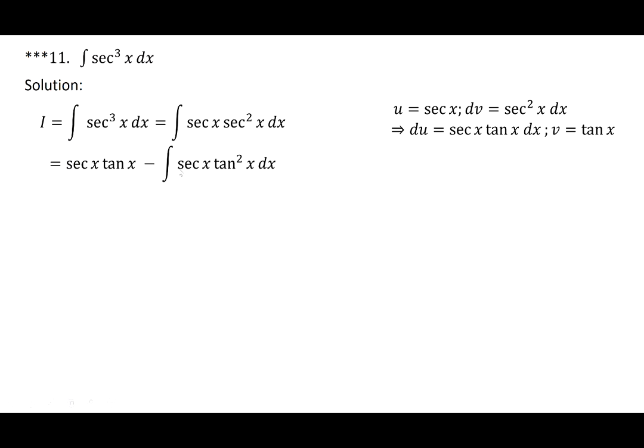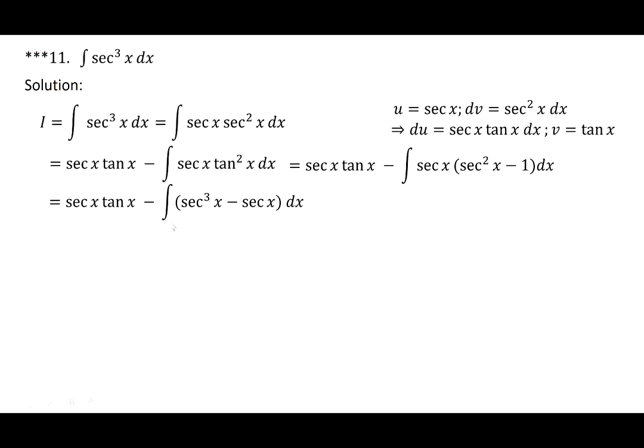Okay, but how do you evaluate integral secant x tangent square x dx? Hey, wait a minute. Can we write this tangent square x as secant square x minus 1? Yeah, let's do that. So replace the tangent square x with a secant square x minus 1. And then we end up with this.